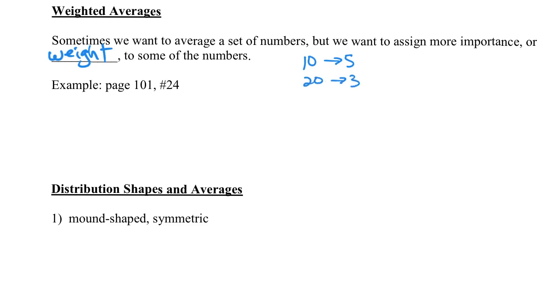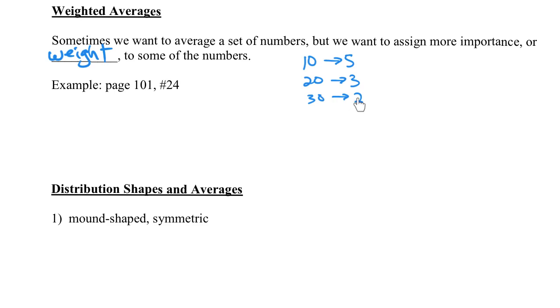So the way I'm writing this is not any formal way of writing it. I'm just taking notes. 30 has a weight of 2. So this shows the importance. Weight is just a way of showing importance. Whatever this 10 is, it's pretty important because it gets weighted 5 times, right? Wherever this 30 is, it's not as important because it gets weighted twice.